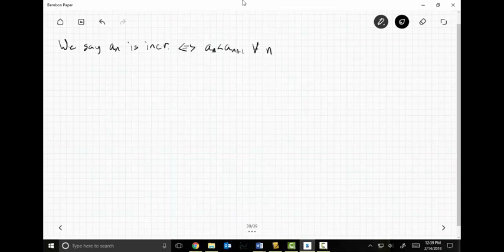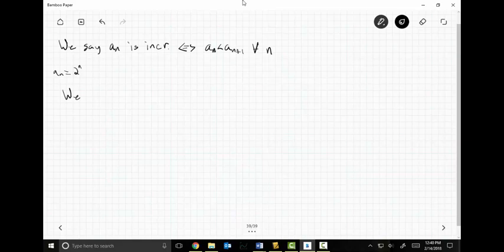That makes sense, right? A sub n plus 1 is going to be bigger. For example, if I let a sub n equal 2 to the n, that is an increasing sequence. 2 squared is clearly bigger than 2 to the first, 2 cubed is bigger than 2 squared, etc.